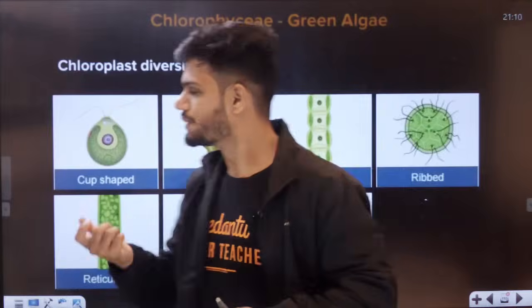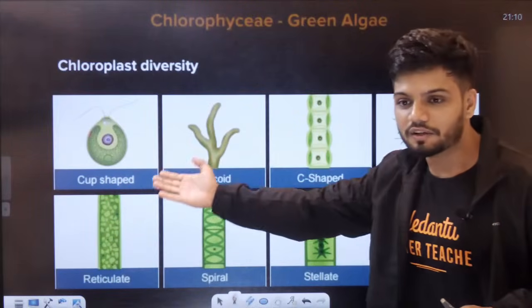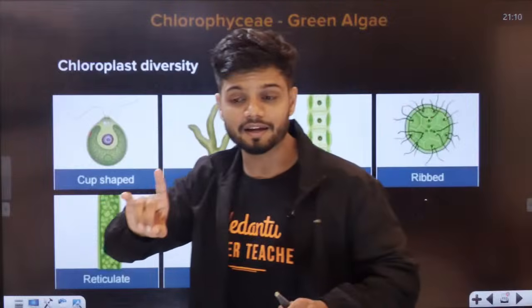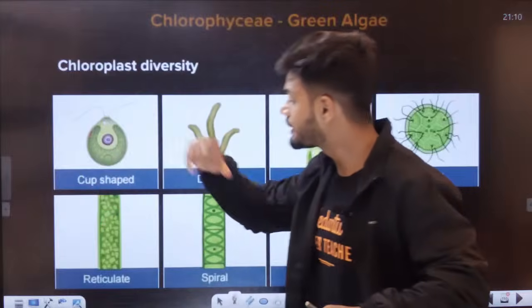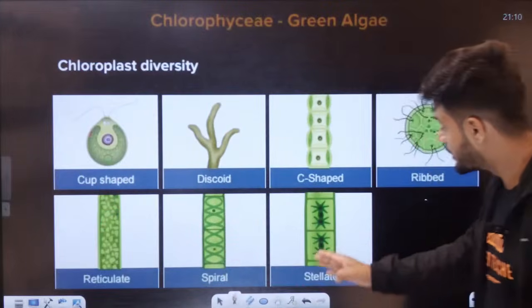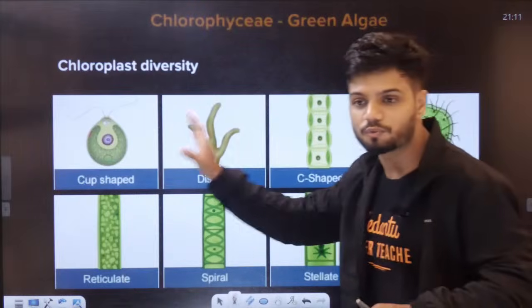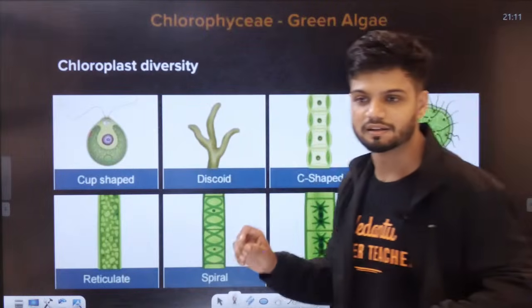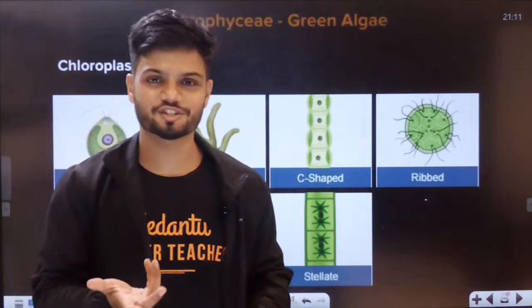We used to identify different green algae based on the chloroplast shape. Let's say if it is cup shaped, Chlamydomonas; it can be spiral shaped, star shaped, reticulate, ribbed shape. So all of this was done, students, by the different types of chloroplast structure. Okay.